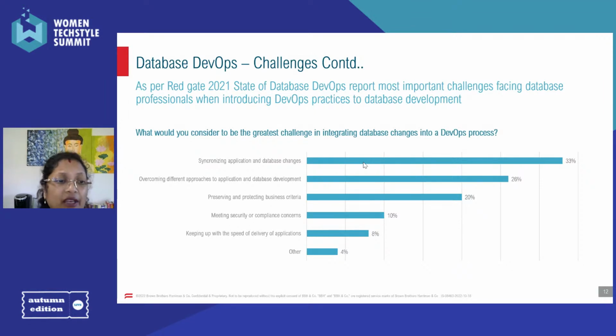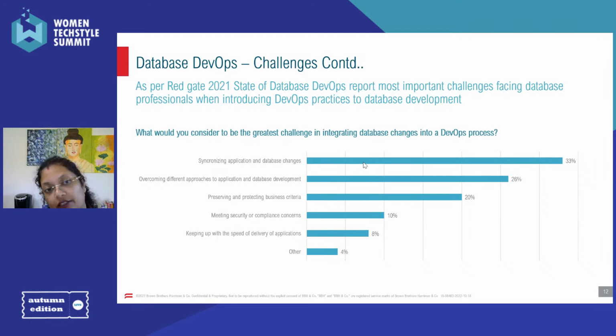And these are the main ones, which reflect what we just discussed in the previous slides: synchronizing application and database changes, overcoming different approaches to application and database development, security concerns, preserving and protecting business criteria, and keeping up with the speed of delivery of applications. So we understood that there is a need for database DevOps.